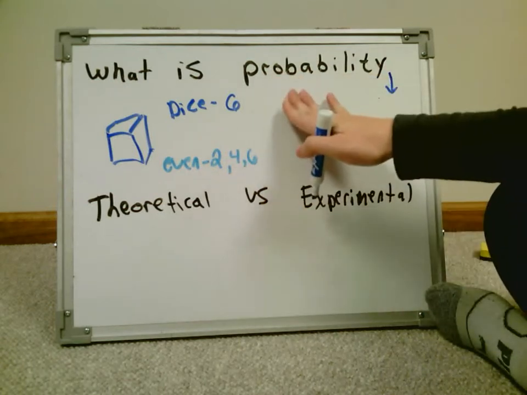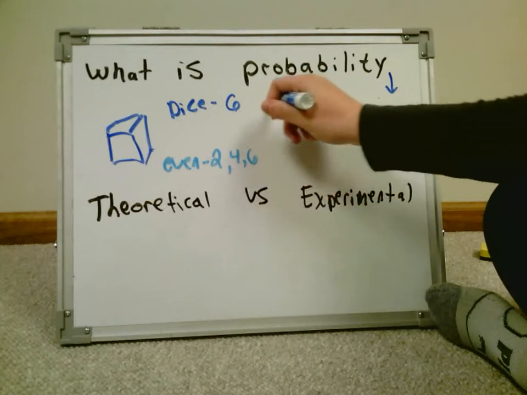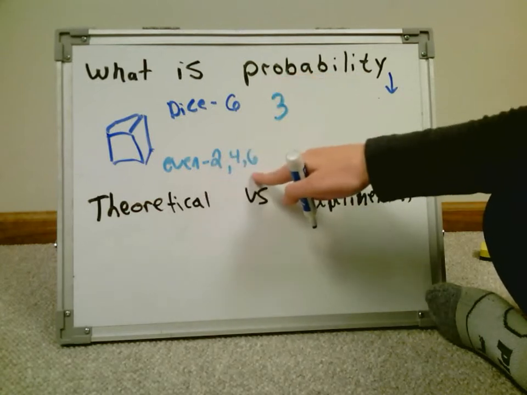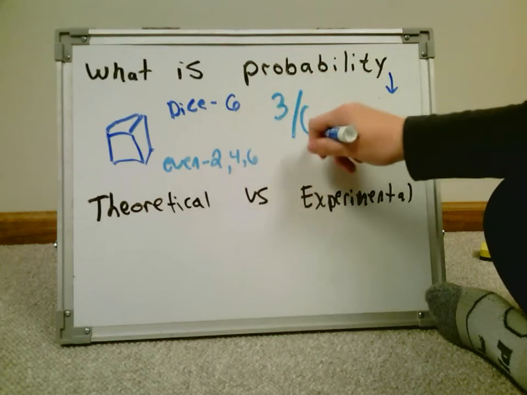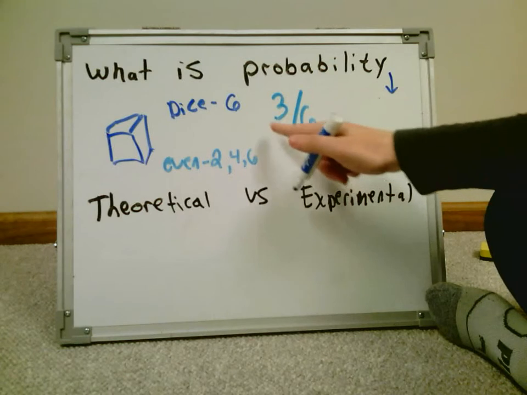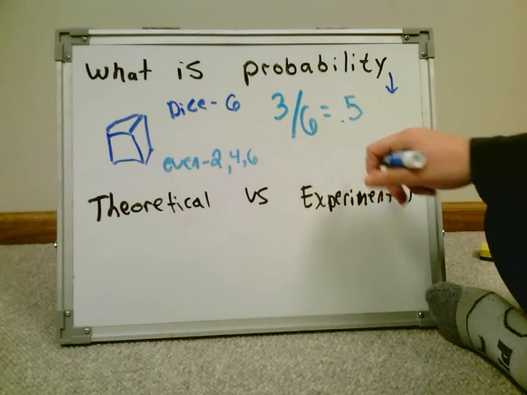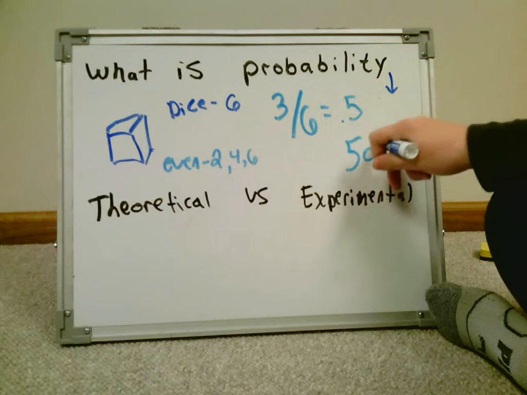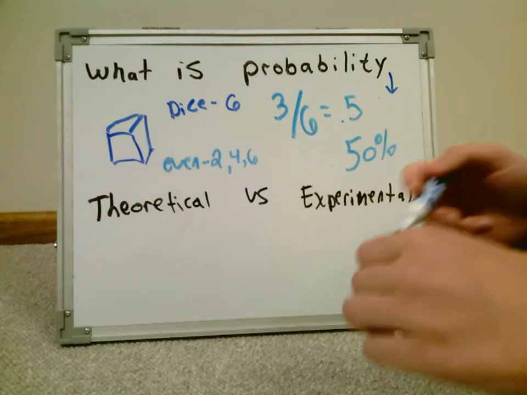So what's the probability that I roll an even number? Well, I have 3 possible outcomes that are even out of a total of 6. So I would do 3 divided by 6. That would give me 0.5, which means I have a 50% chance of rolling an even number.